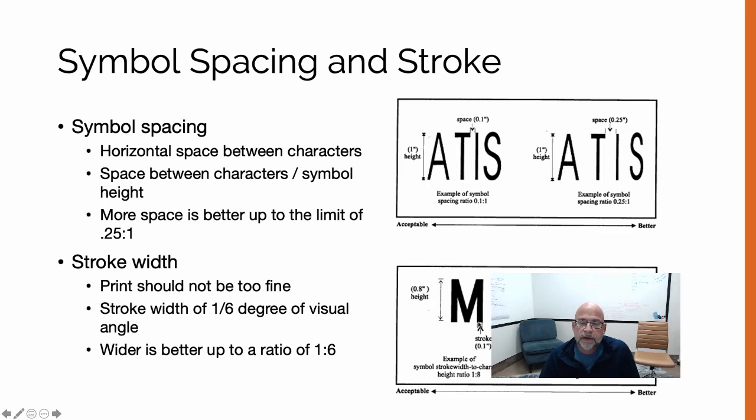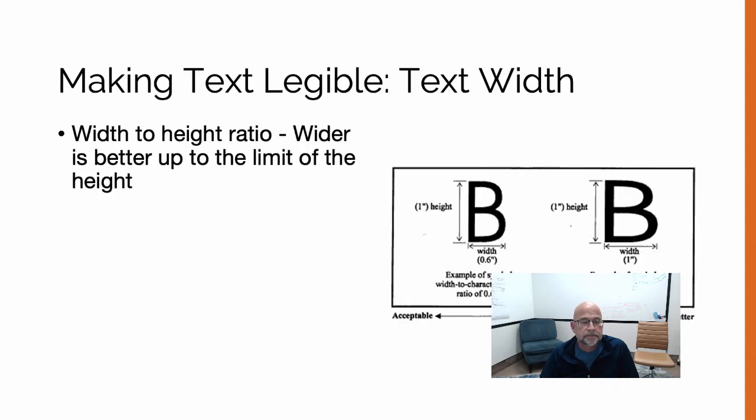The stroke width is determined by the stroke of the character divided by the height of the character. But you can begin to see that a stroke width of 0.1 to 0.6 is actually a bit better. So a higher stroke width ends up being better, up to about 0.1 to 0.6.